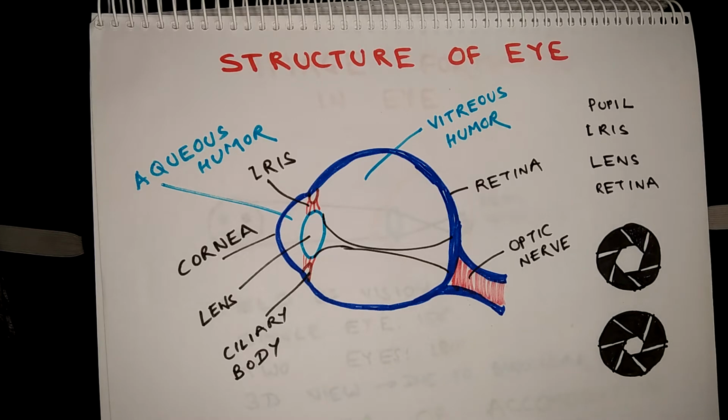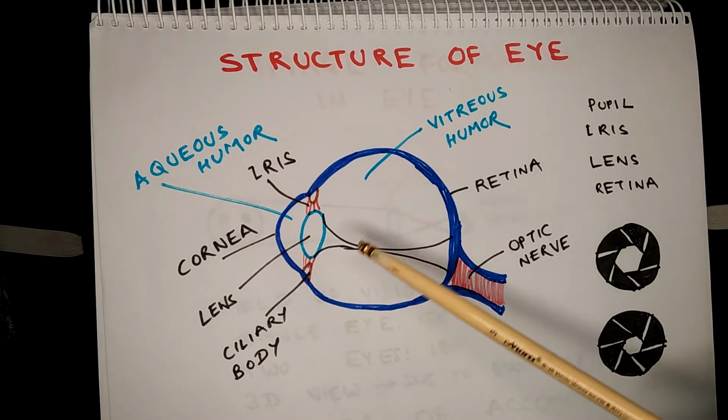These diagrams show the structure of the shutter of a camera, and that is how the iris works. The shutter of a camera is composed of many blades which can slide over each other, and because of their sliding motion, the aperture of the camera can be increased or decreased. The iris works in the same way.